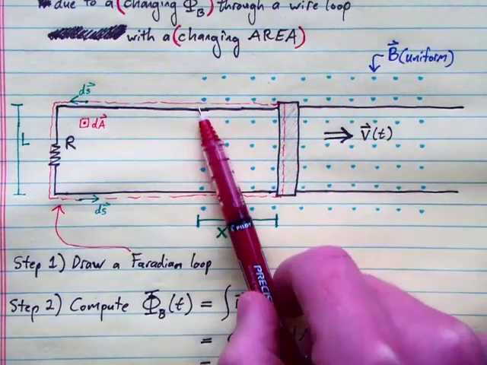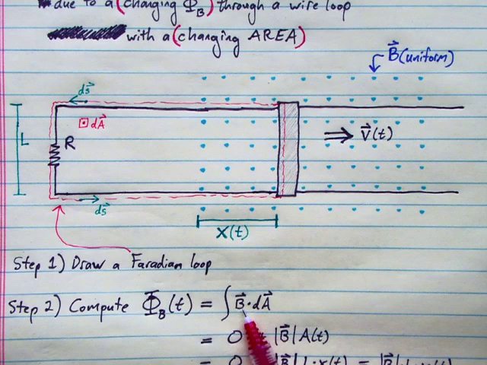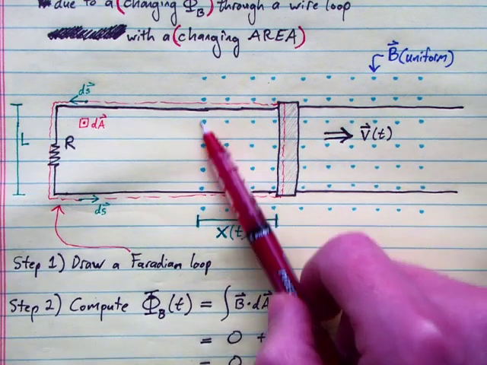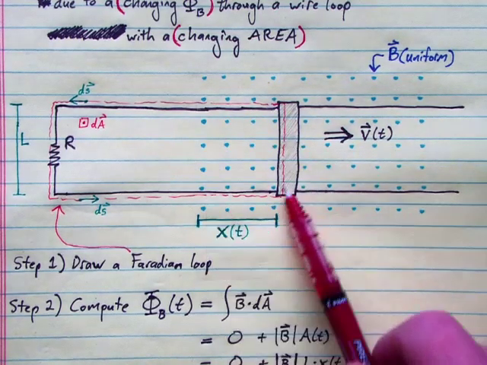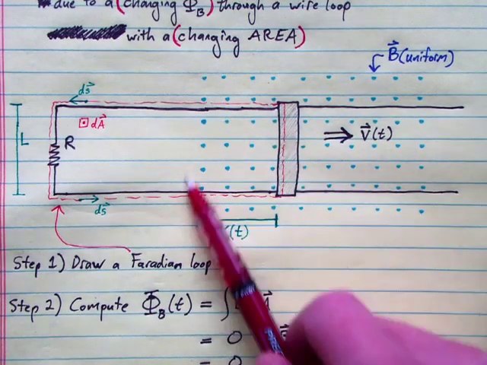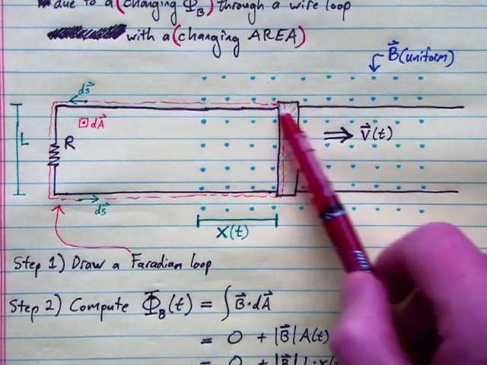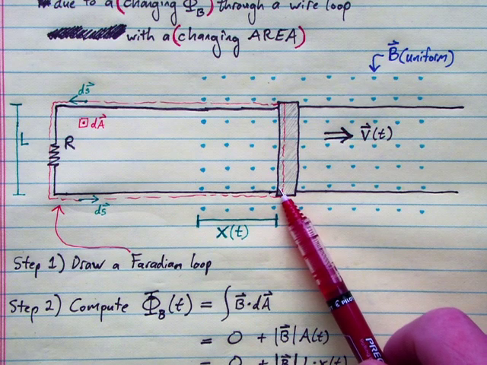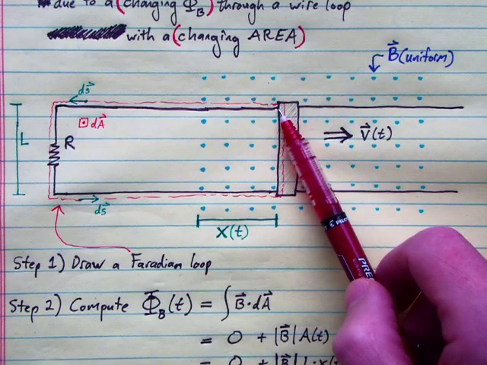So in this area, there's no magnetic field, so no magnetic flux through that part. In this region, on the right-hand part of our big rectangle, there is a uniform magnetic field. So uniform B there, and the flux through this part of our Amperian loop will be the magnetic field strength here times the area of this part.